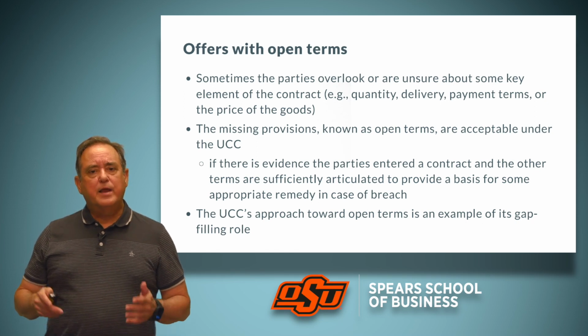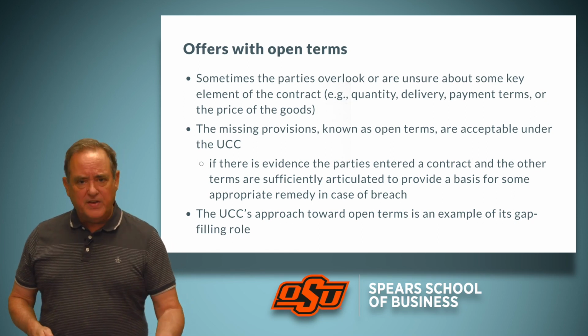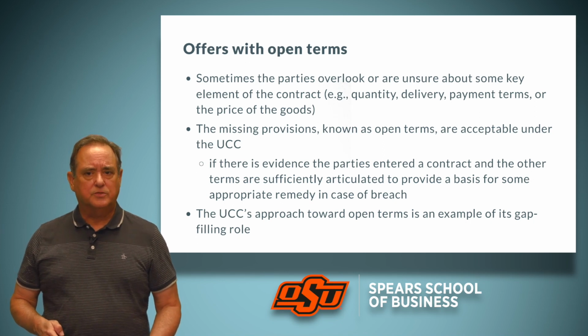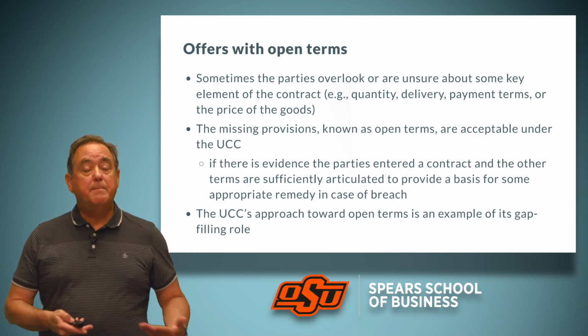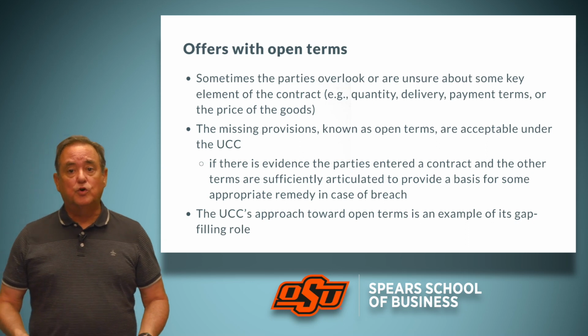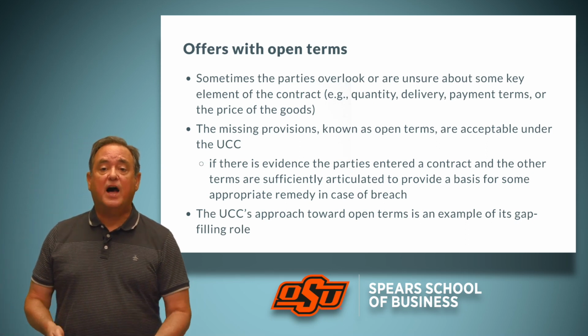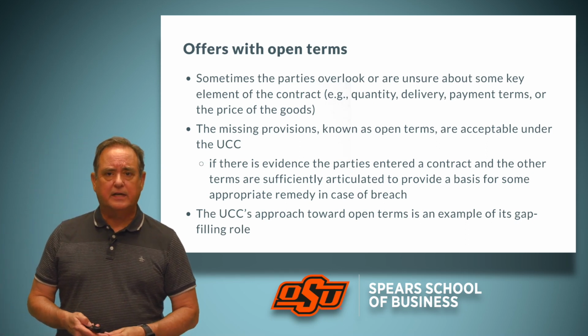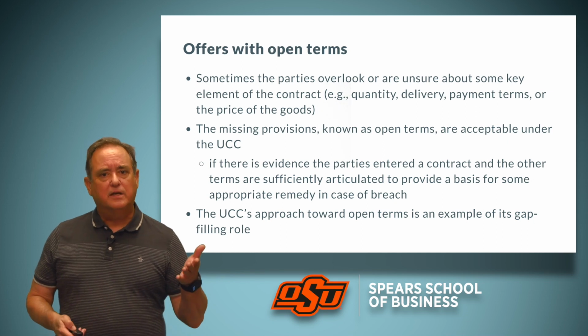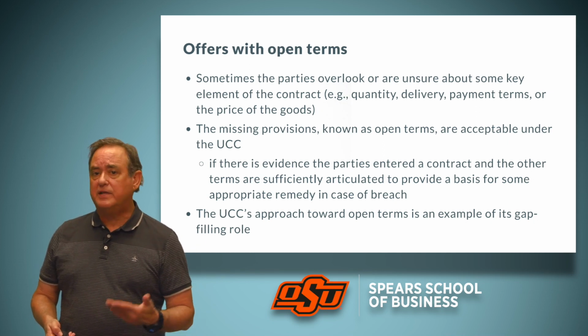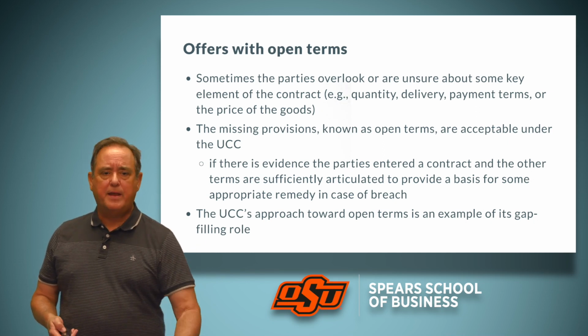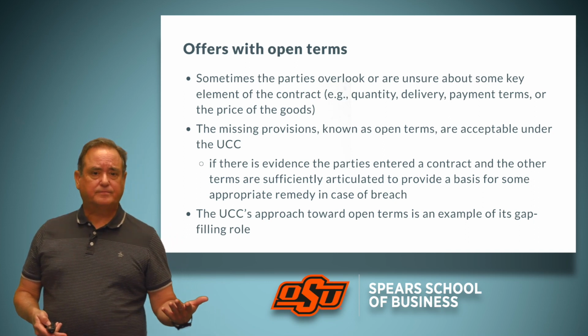So the UCC will supply rules to fill in those open terms. And the parties will be bound by those rules because the UCC finds that there is a contract existing, even in the absence of what would be very important terms like quantity, delivery, payment terms, or price.